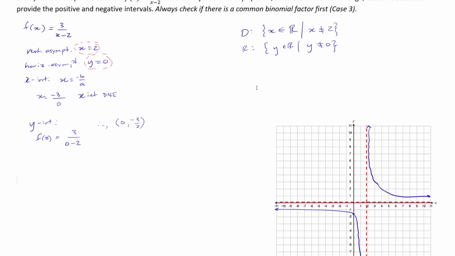I have no x-intercept. I have no zeros. Positive and negative intervals: the positive interval is x an element of 2 to infinity, so it's positive right here. And the negative interval is x an element of negative infinity to 2.